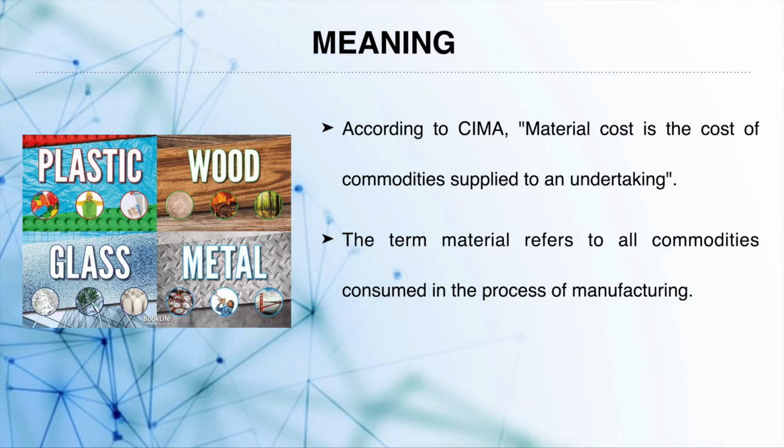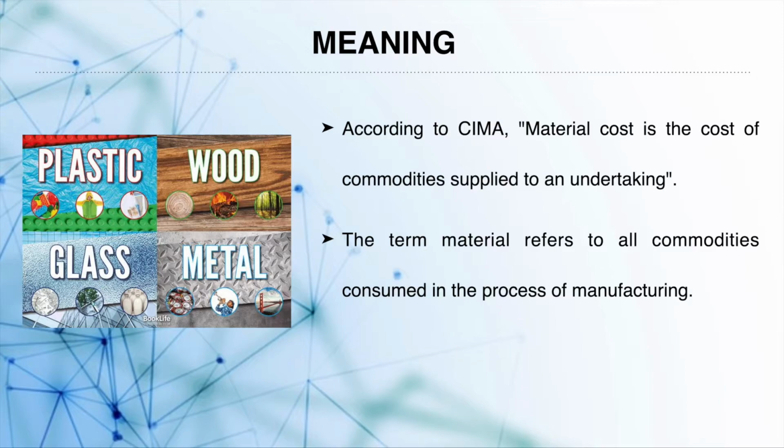As I told you earlier, all the types of materials you require for manufacture or production. Let's say, for example, I am manufacturing furniture. Mine is a furniture industry. That doesn't mean my only material is wood.